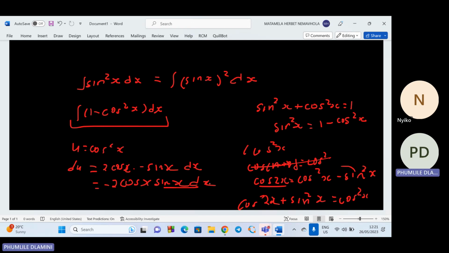So that's the reason why we need to find that identity. According to the identities, when you're working it out, I'm going to try to solve it for you.